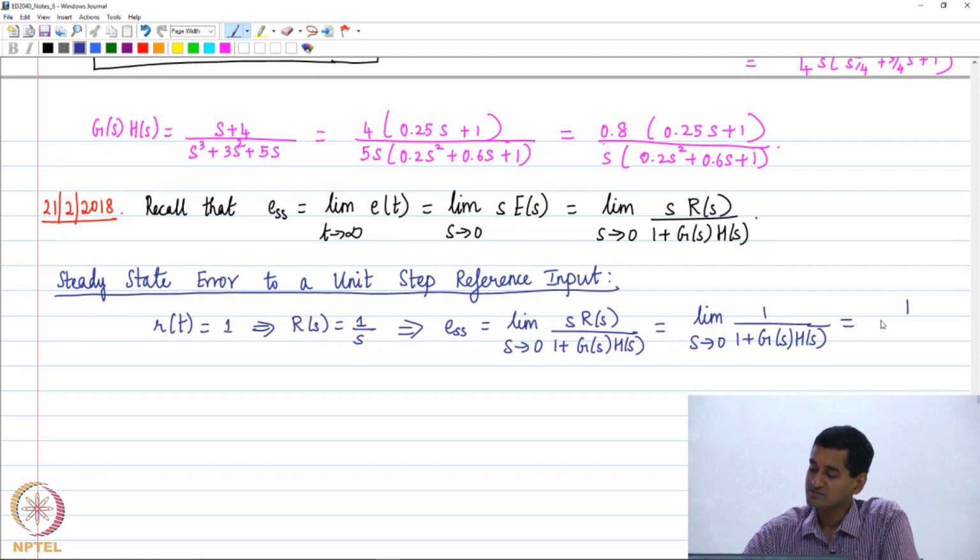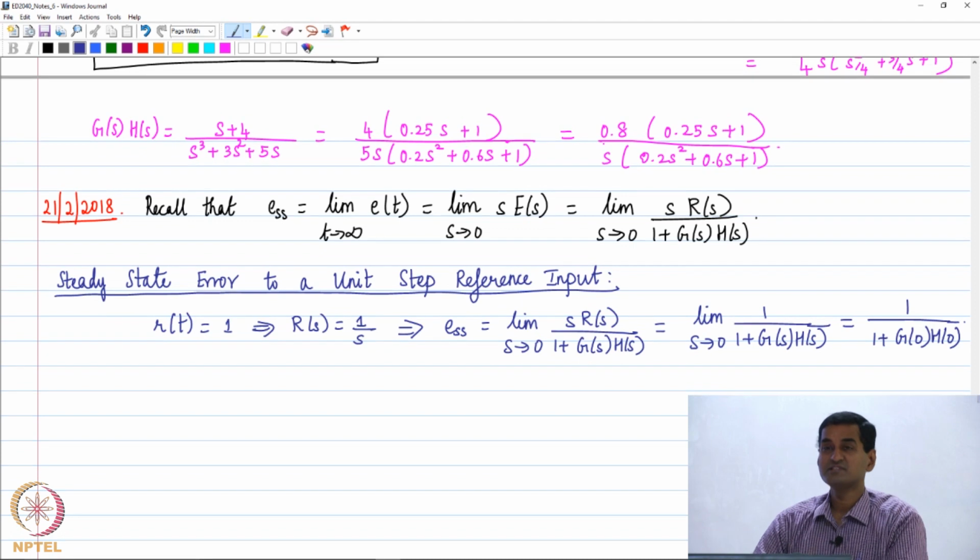This can be rewritten as 1 divided by 1 plus G0 H0, okay, where G0 H0 is nothing but the value of the open loop transfer function evaluated at s equals 0, right.